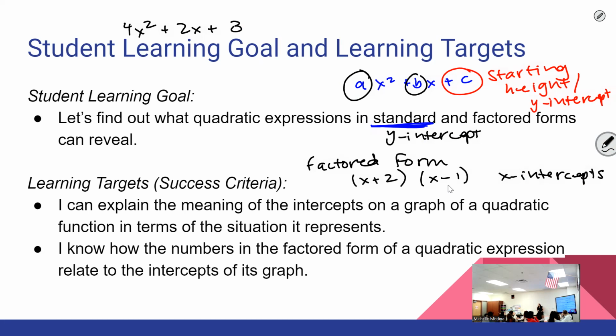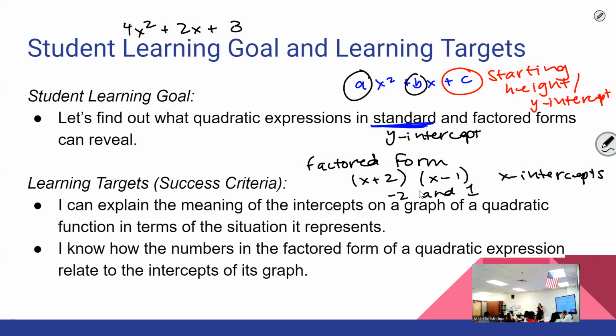Not 2, but boys, look at the screen. What would be my x-intercepts of this random factored form expression I made? -2 and a +1. I won't write it in coordinate form right now, but -2 and a +1.